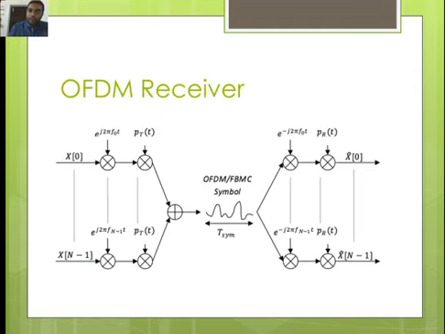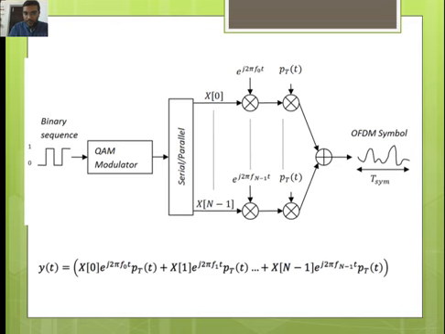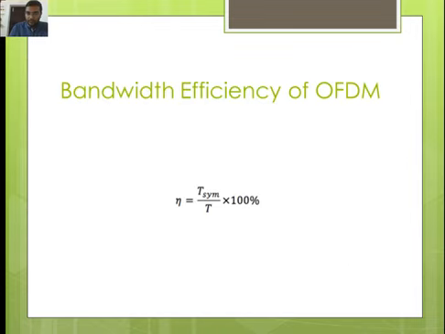From the block diagram you can again see that at the transmitter we use some kind of filters, and the main difference between OFDM and FBMC lies in the choice of the prototype filter. However, this selection depends on the modulation technique.